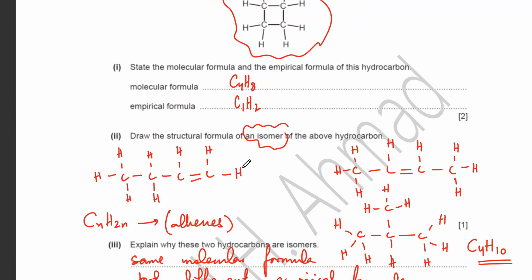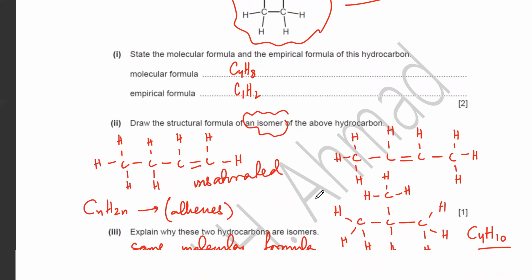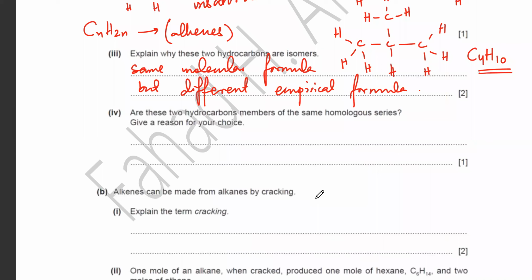They're not the same homologous series. This one is an alkane, single bond, they're saturated, okay? Alkanes were saturated hydrocarbons, and whatever we made is unsaturated. They're alkenes basically. That means what they made is something else, and what we made is something else. So they're not the same. You'll write that, okay? They're not. And also give the reason.